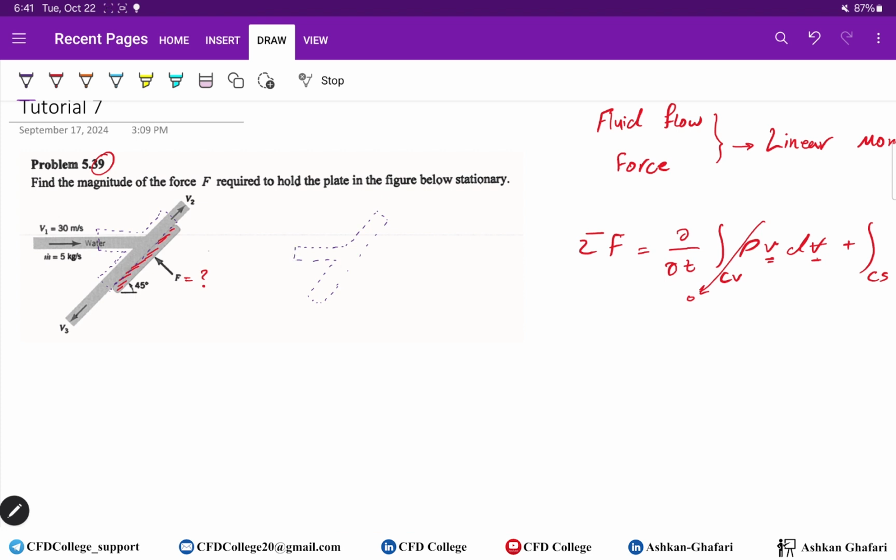There is no rule, but you can use the characteristics of the problem. For example, control surfaces should be perpendicular to the flow. So for example, here we have a flow and this control surface is perpendicular to the incoming flow here, and there we have two control surfaces that are perpendicular to the outflow that we have at section 2 and 3.